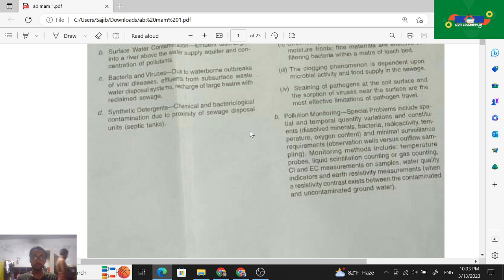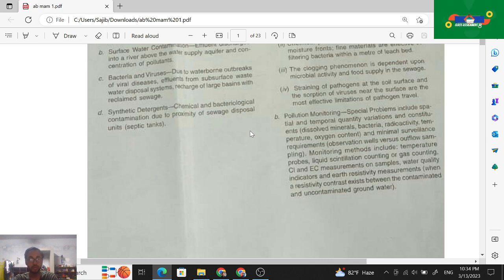Then requirements, observations, wells versus the outcrop sampling, monitoring methods including temperature problem, liquid scintillation, then counting or gas counting, chloride or EC measurements on samples, water quality indicators and earth resistivity.